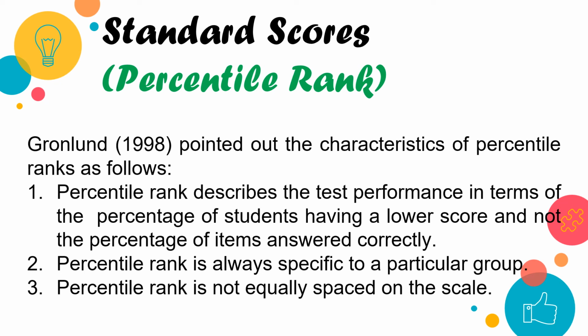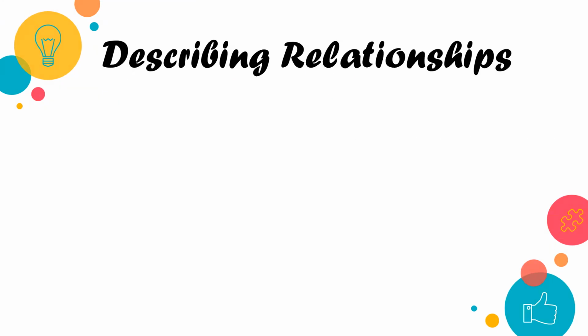Percentile rank is not equally spaced on the scale. That's true, because again the value changes. I think the main reason why percentile rank is not equally spaced on the scale is because percentile rank is always specific to a particular group.